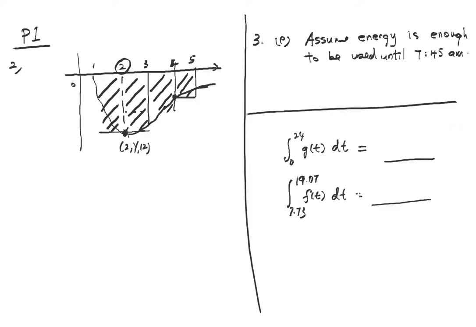You get an answer. Okay, this answer I call A, this answer I call B. You find that A is greater than B. So you make a conclusion. Therefore, there's not enough energy to be used for the day because the energy generated is less than the total energy consumed for the day.